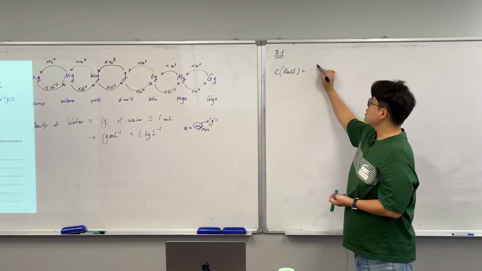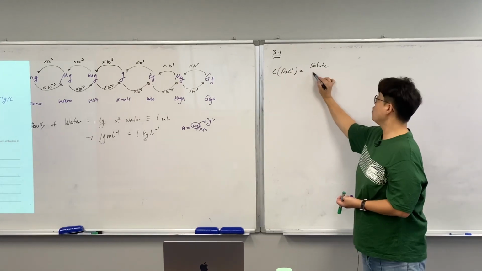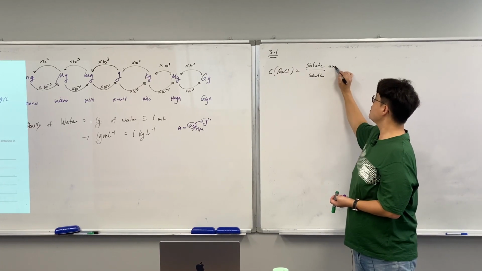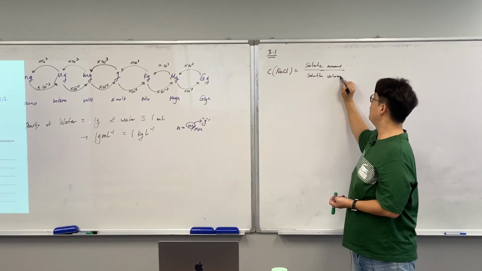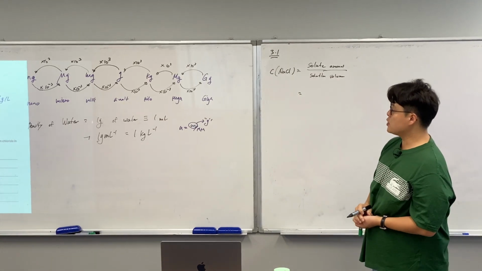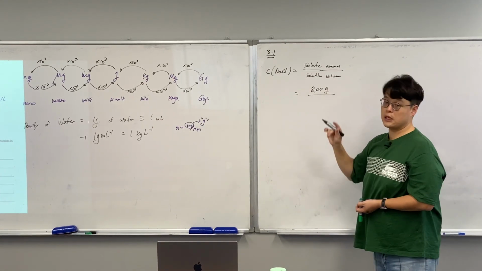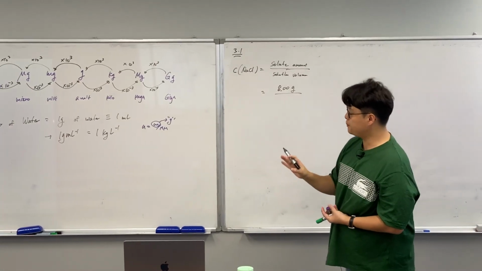What we're going to put is, always remember that we have the amount of solute over the solution volume. So in terms of the solute, you're given 8.00 grams on the top. Yes, try to put the units in your substitution too.